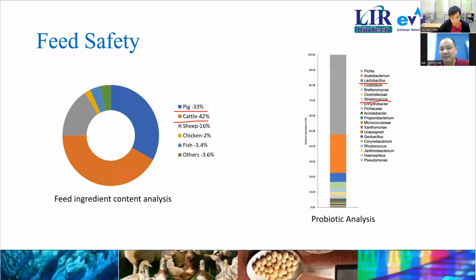So we are trying to get a healthier fish by providing the probiotic, but if we don't test for it, we actually introduce pathogenic bacteria as well.